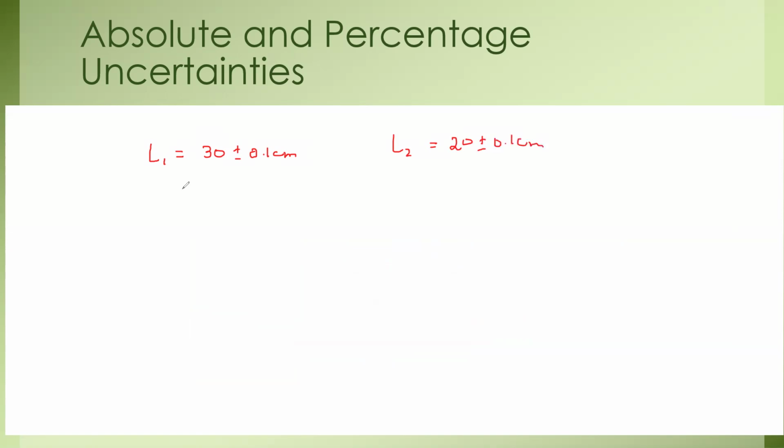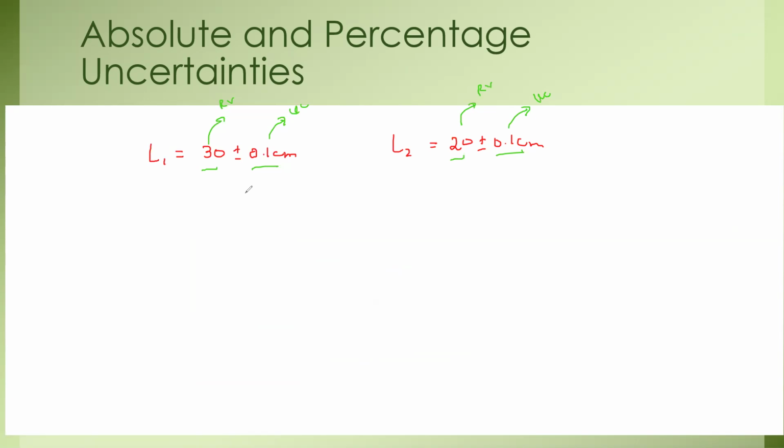So this is representing the measured value or the recorded value, and the fractional part is representing the absolute uncertainty. Same thing here: this is a measured value, and this is representing the absolute uncertainty.